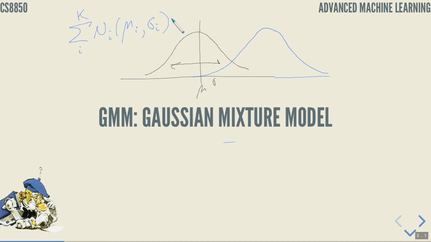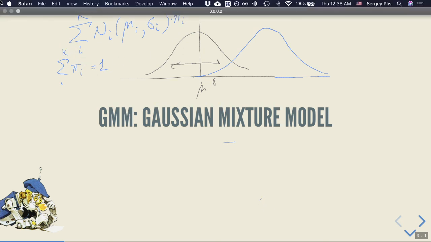But if we pre-multiply by a weight such that the weights sum to 1, or as pi's, we could call them the priors, we can call them convex weights, basically a convex combination of Gaussians.